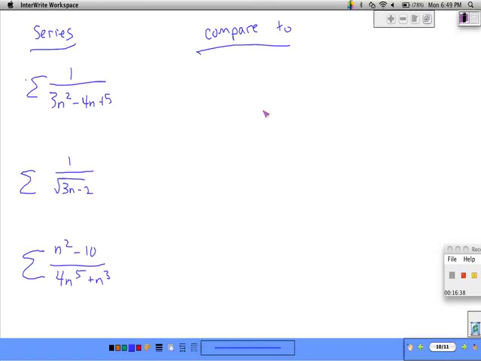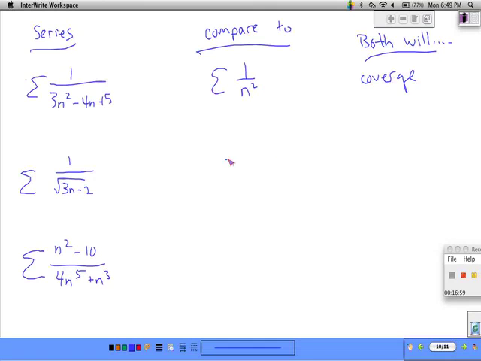And let's look at what we should compare this to. The first one we should compare to the series 1 over n squared. And both of those will converge.